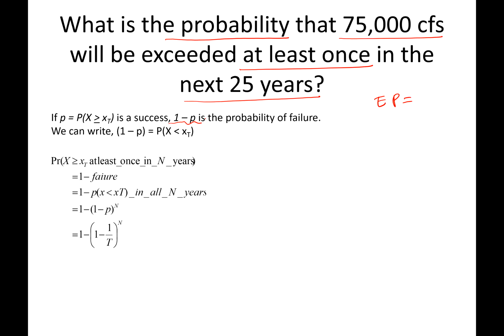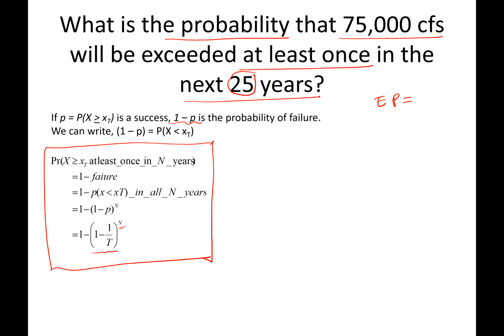I have derived the expression that we need to answer this question. The expression that we have is 1 minus, and inside this parenthesis we have 1 minus 1 over T, to the power of n. Here n is the number of years that we are interested in, which is 25.